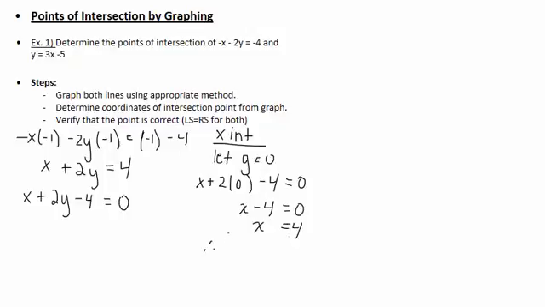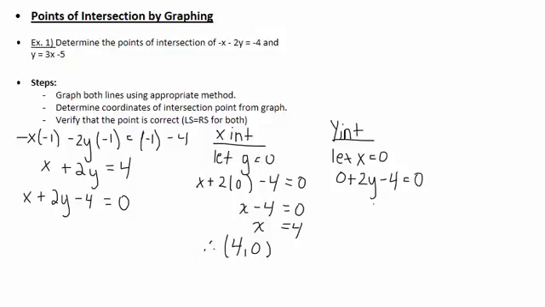Therefore, the x-intercept occurs at 4, 0, and for the y-intercept we let x equal 0, therefore the y-intercept occurs at 0, 2.